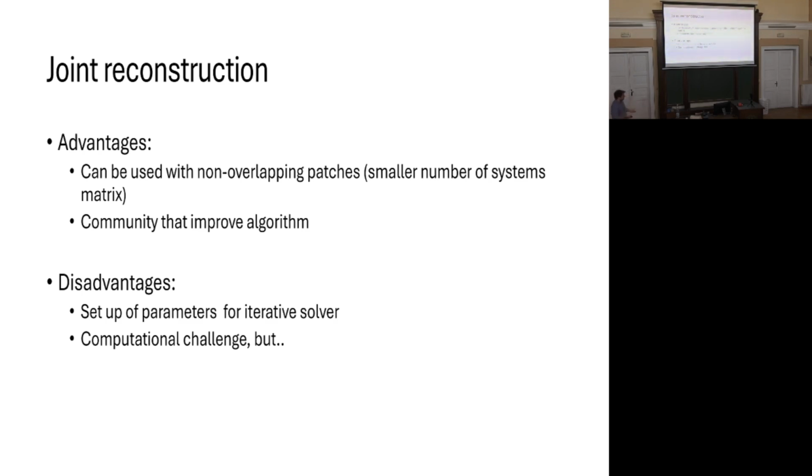You can use system matrices, and there is also a big community that improved this and implemented this algorithm. I think it's guys from Hamburg. There are also disadvantages: because it has an iterative solver, you need to set up parameters, but it can be easily solved by some optimization algorithm like ADAM or something like that.